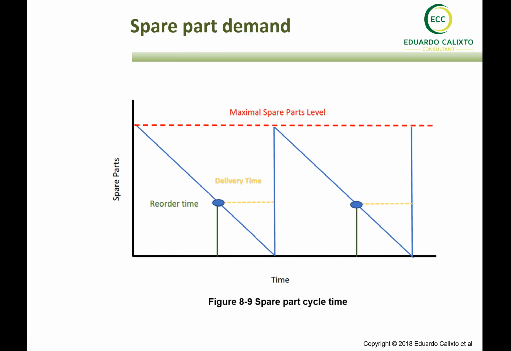We can check in which time the failure starts to increase, and have an idea of when you need to replace or perform some preventive maintenance, some inspection, or carry out some tests, and probably you need some component spare parts in this interval of time. So this is the demand time for spare parts, and we need to be aware. As long as we have some lifetime data analysis and reliability and maintainability data, we are able to predict when we need to establish our spare parts in stock.